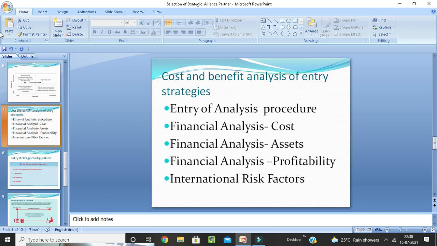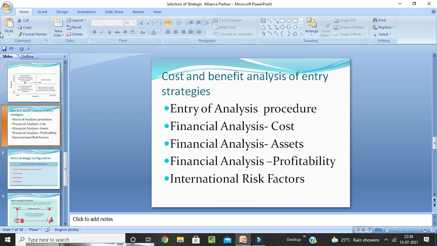The data need to be assembled for all entry strategies under consideration, and this is the financial data related to both the proposed venture as well as the anticipated impact on the existing operations of the international company. Therefore, the combination of the aforesaid data enables incremental cost and benefit analysis.